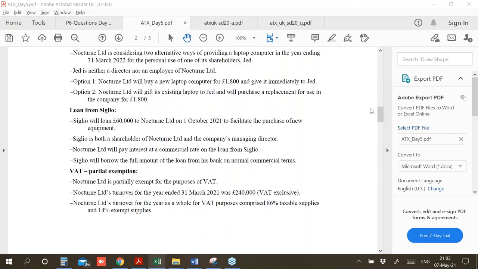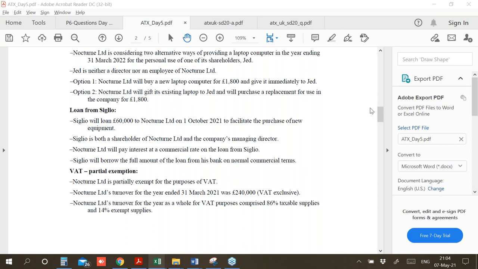Now, in the second part, he is taking the loan from the bank and then giving it to the company. There's a relief called qualifying loan interest relief. Do you think that this loan will be a qualifying loan? Yes, because one of the criteria is that you borrow the money to invest either in a partnership or in a company.